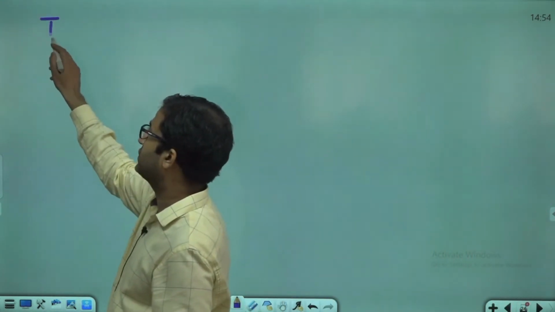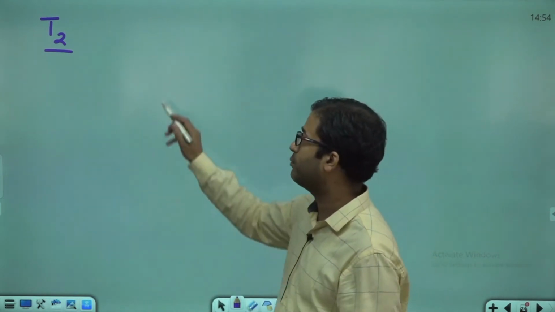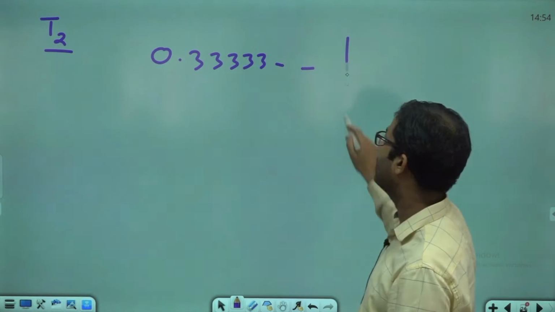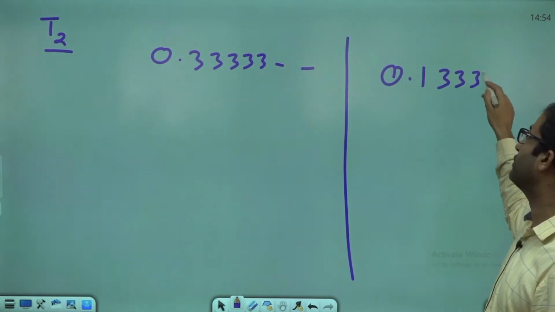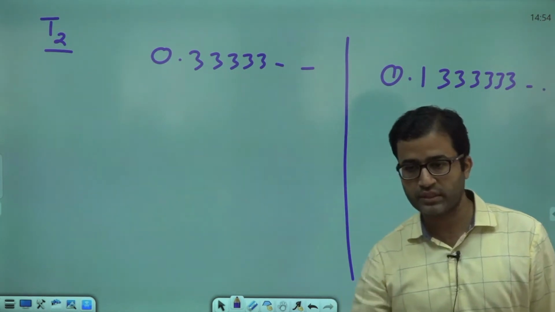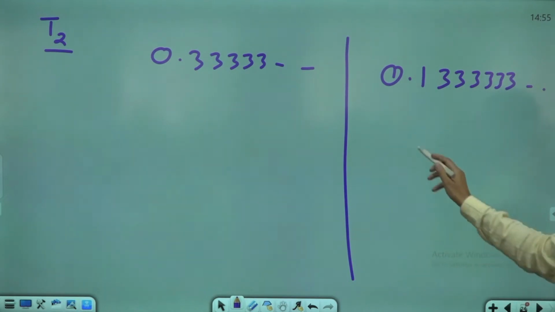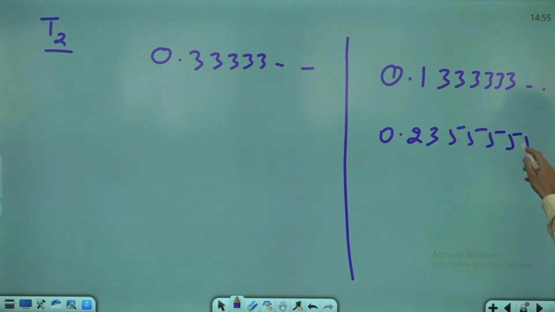Type 2 questions. But first we will see what is the difference between type 1 and type 2. Type 1 questions are like 0.3333. Type 2 questions will be like 0.13333333. सर टेल मी, क्या डिफरेंस नजर आ रहा है आपको? नहीं, 1 का तो कोई चक्कर नहीं, ये भी हो सकता था 0.2355555.